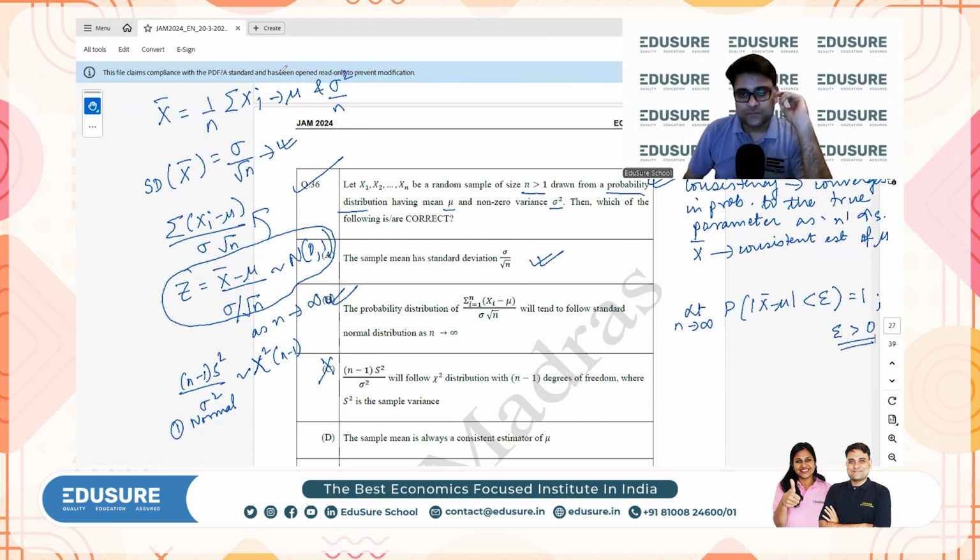So as n is increasing, the gap between x bar and mu is getting smaller and smaller. The gap has got so small that it is less than epsilon for any epsilon positive. That is, x bar and mu have fully merged with each other. And if this happens, x bar is said to be a consistent estimator of mu. So option D is correct.